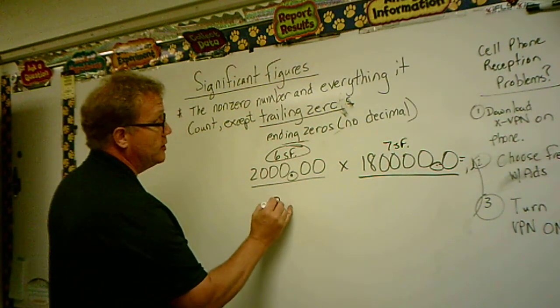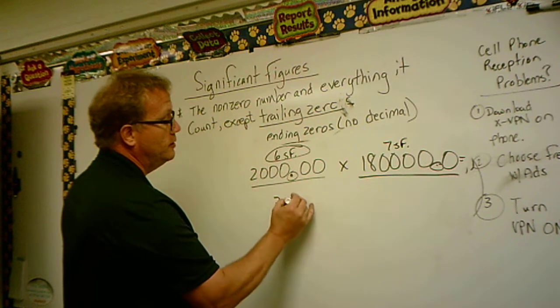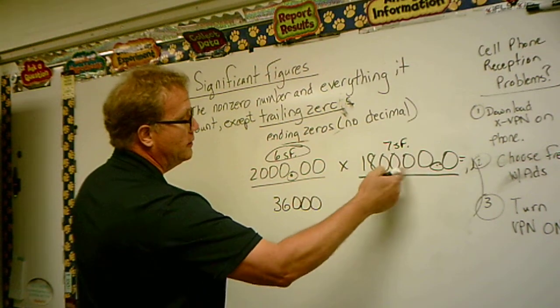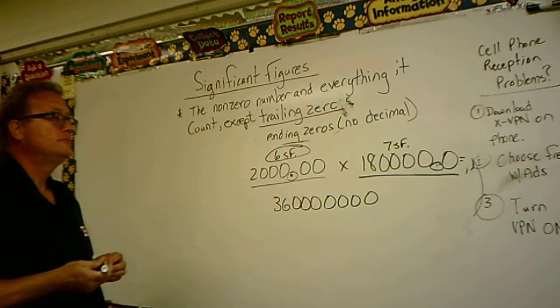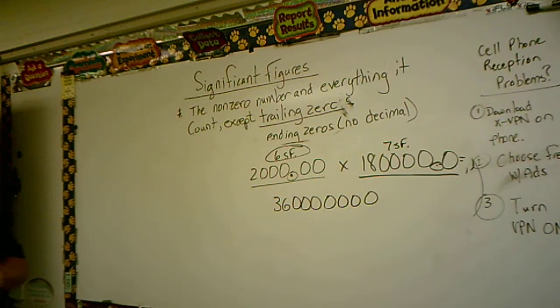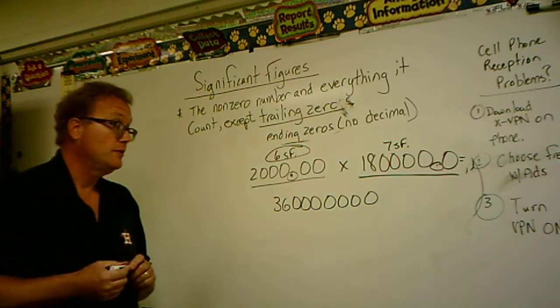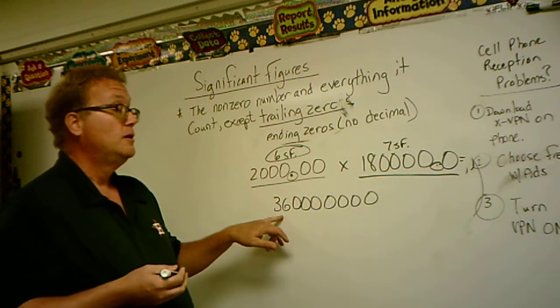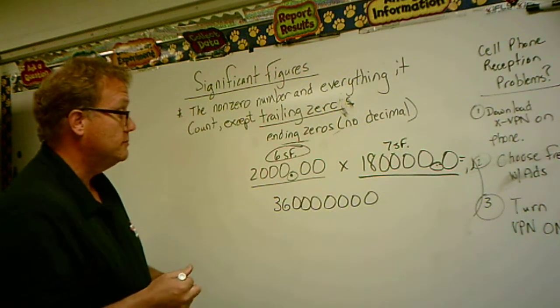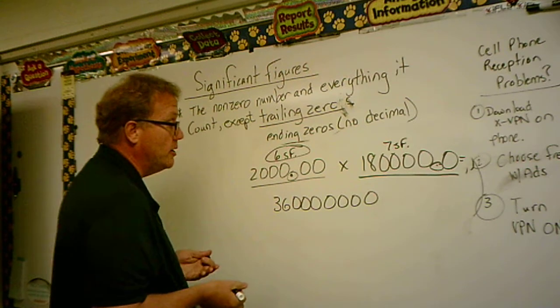So we're going to go 3, 6, 1, 2, 3, and then add 4 more. Then you say, well, wait, we're supposed to round to 6 significant figures. This number only has 2. Well, there's 2 ways to deal with that. First of all, we can go to the bar.